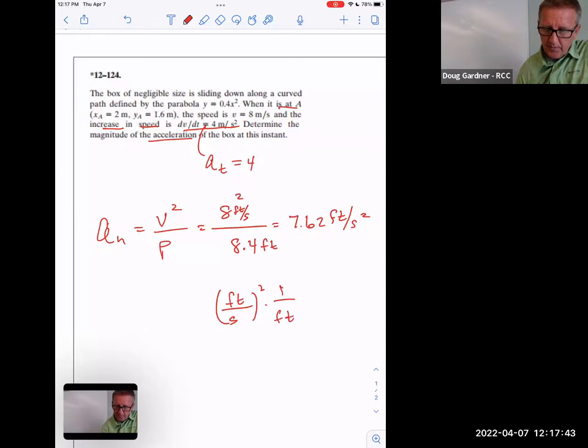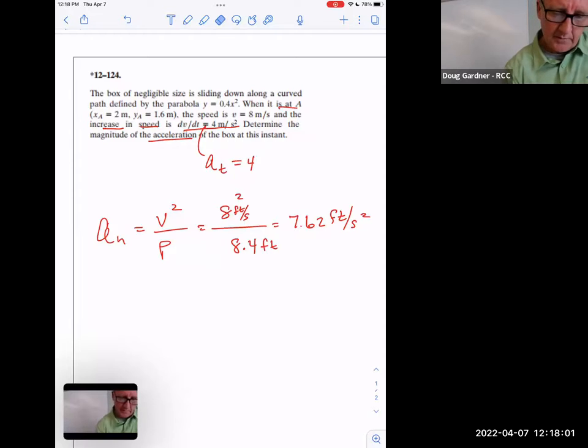Isn't that how you multiply fractions? So this foot would cancel with one of those feet. Oh, I'd be in feet per second squared. So if you let the units do your talking, that's great too. Question? Isn't it all meters? Oh, it's meters, isn't it? Thanks. Sorry, I got excited. Meters.